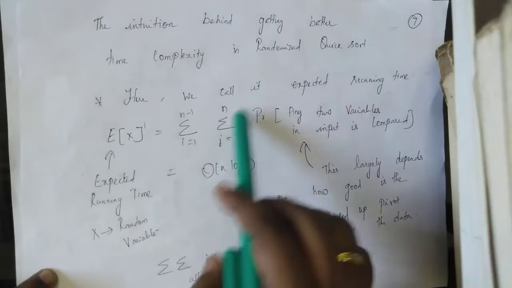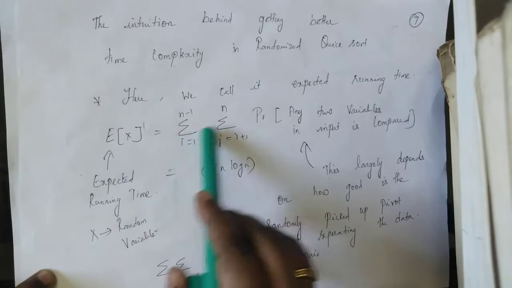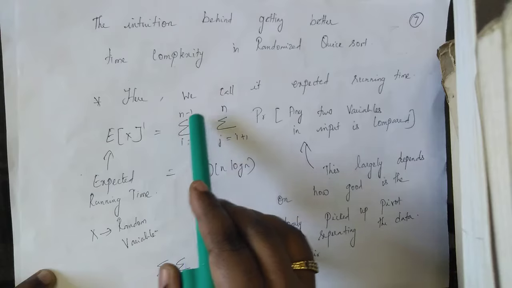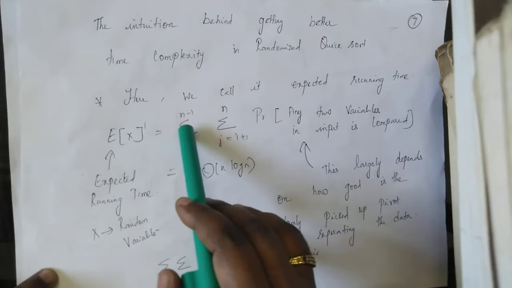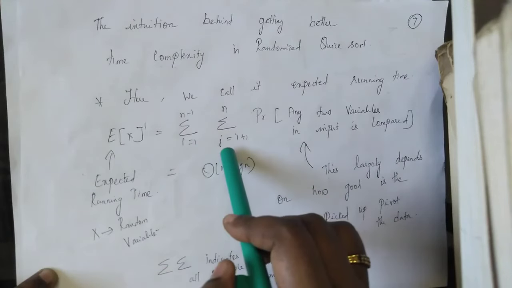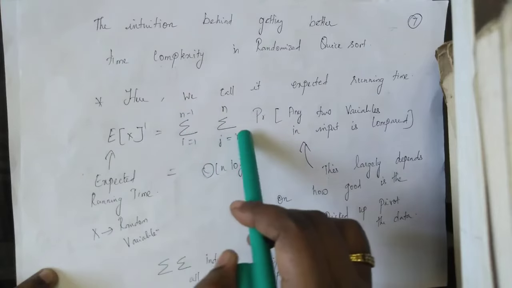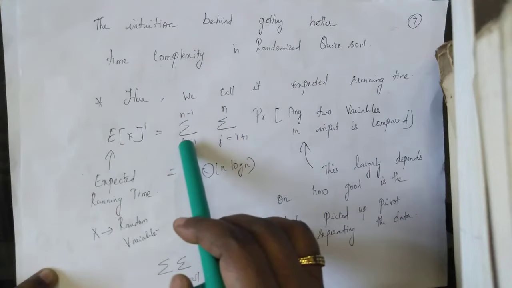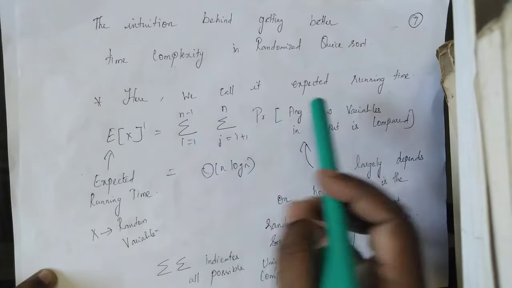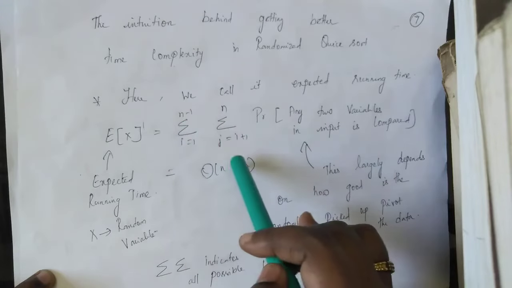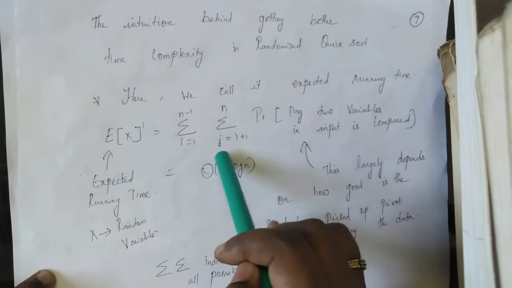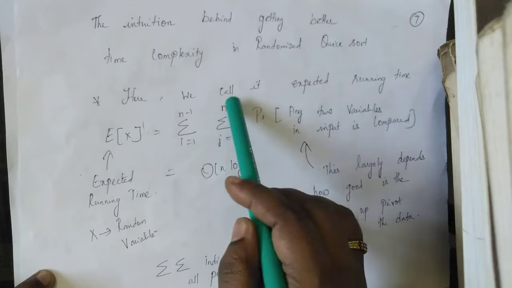That's what we are interested in finding. So these two summations are to find that. We have a pair of elements chosen to compare. That's why we have two summations, one running from 1 to n minus 1, and the other index running from i plus 1 to n.